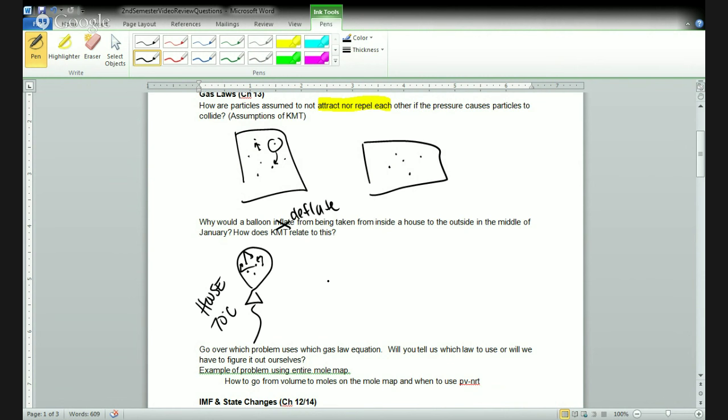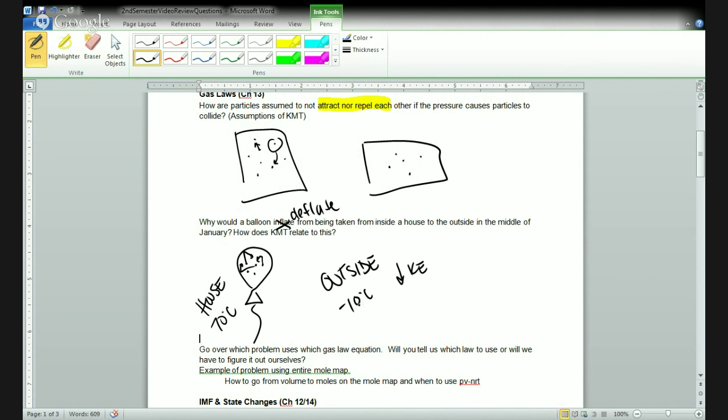If I take this outside in January in Chicago, where maybe it's negative 10 degrees Celsius, my particle movement is going to decrease from 70 to negative 10 degrees Celsius.